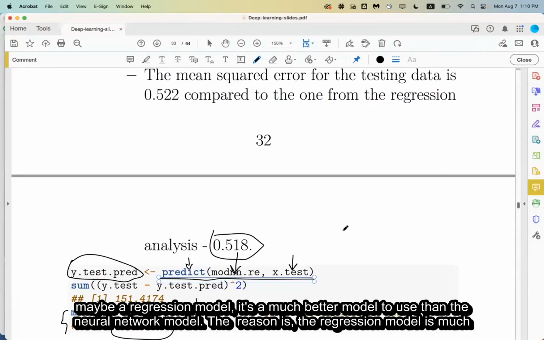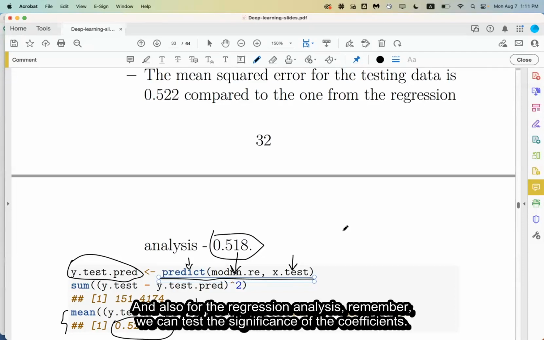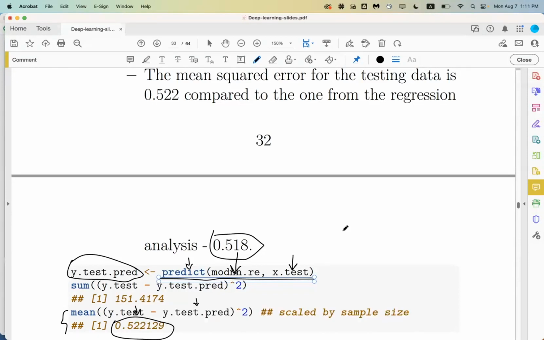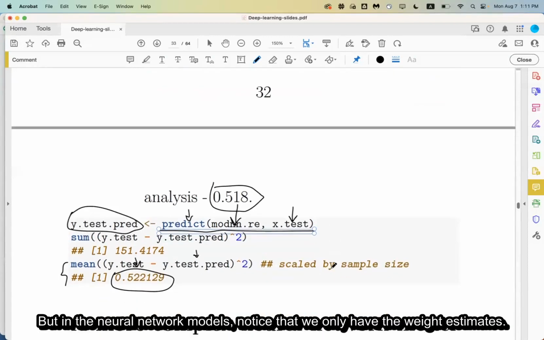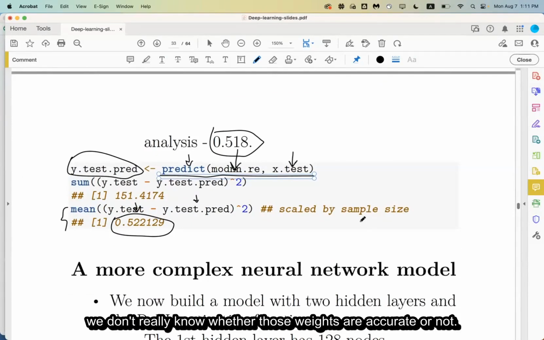The reason is the regression model is much simpler, and the prediction accuracy is also similar. And also for the regression analysis, remember we can test the significance of the coefficients. We have the R-square measures, but in the neural network models, notice that we only have the weight estimates. We don't really know whether those weights are accurate or not.